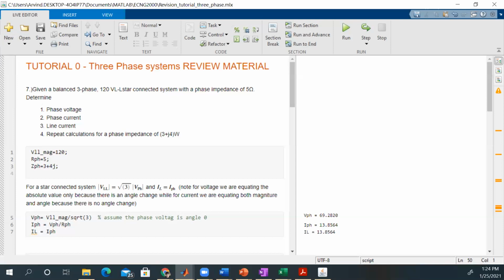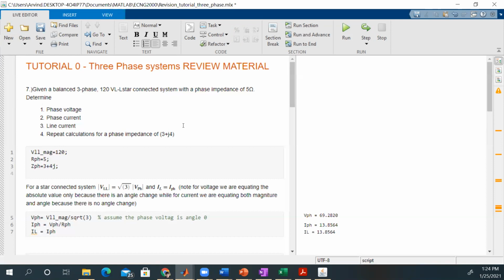Good. So we need to calculate the phase voltage, the phase current, line current, and then we're going to repeat the thing for 3 plus J4 ohms. That is not watts, that is when you copy over from Word and it doesn't have the ohm symbol, it comes up as capital W.